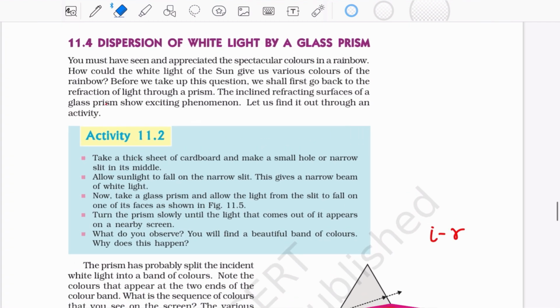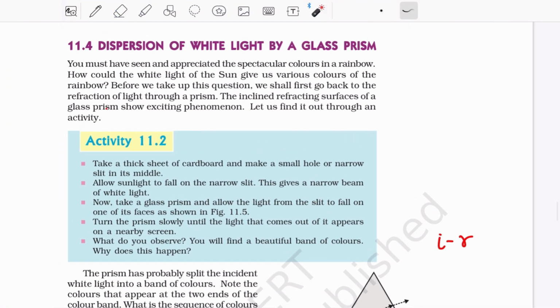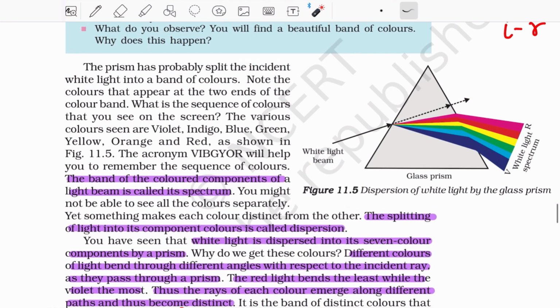चलो एक बार इसको read कर लेते हैं that dispersion of white light by a glass prism. You must have seen and appreciated the spectacular colors in a rainbow. Right before we wake up, we completed this activity. Now, the prism has probably splits the incident white light into band of colors. Note the colors that appear at the two ends of the color band.